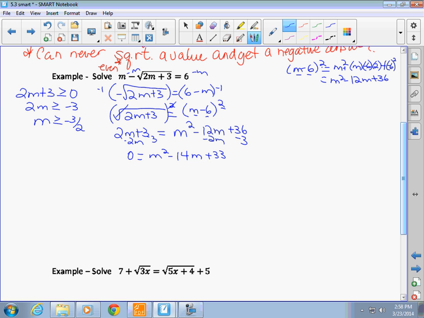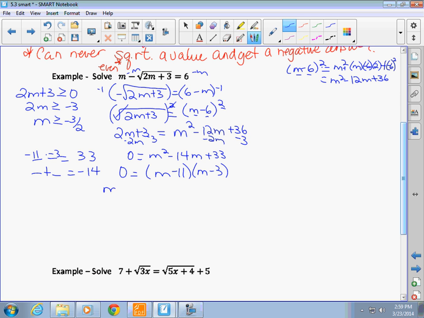If you just recognize this as a product and sum, I need something times something to equal 33, and to add to give me negative 14. So negative 11 and negative 3 will multiply to give me positive 33, and add to give me negative 14. So 0 is equal to m minus 11 times m minus 3.